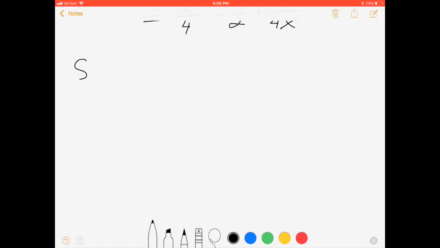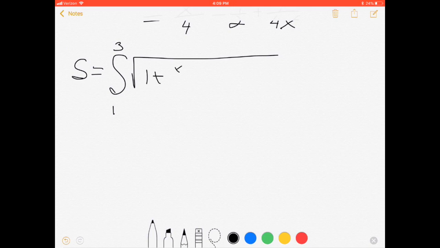Arc length will be the integral from 1 to 3 of the square root of 1 plus the square of our derivative.